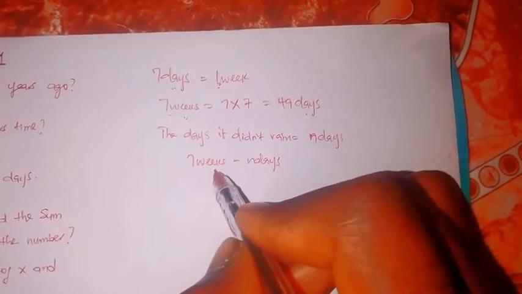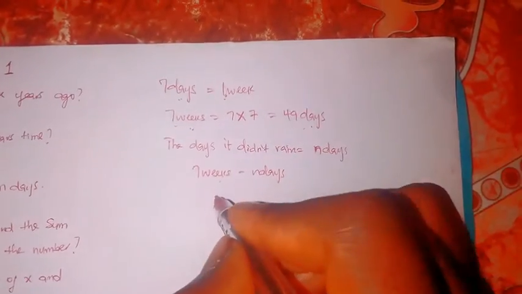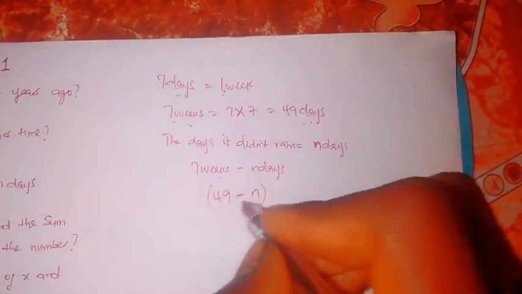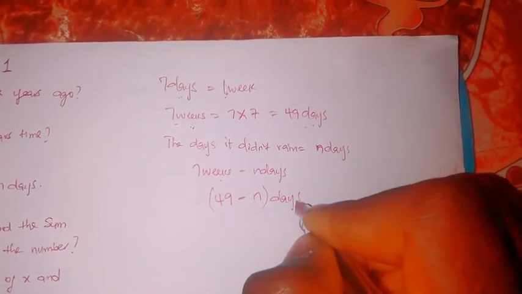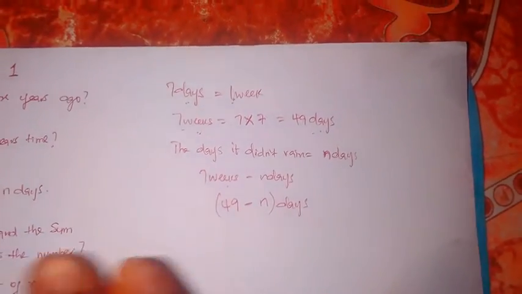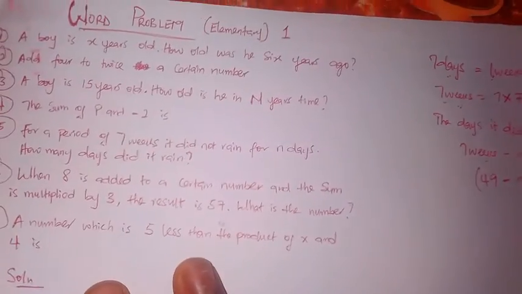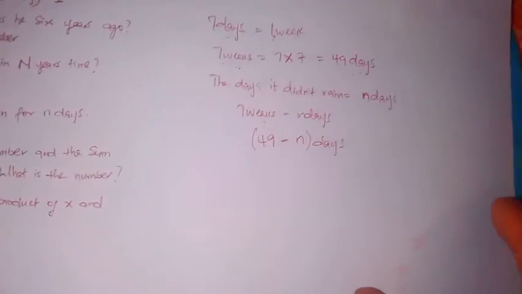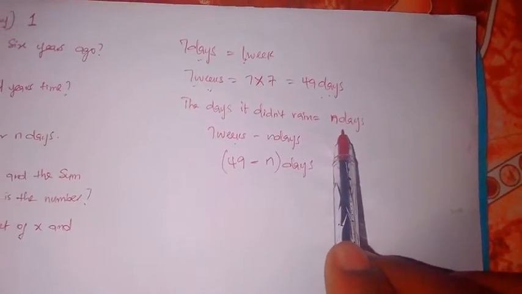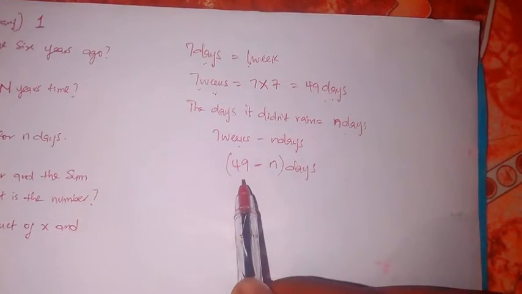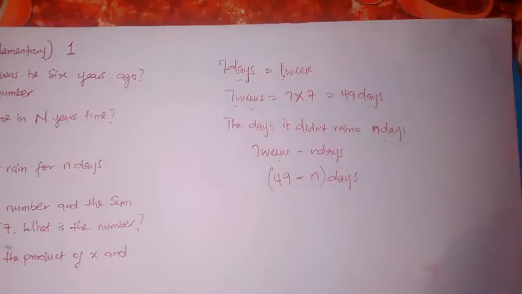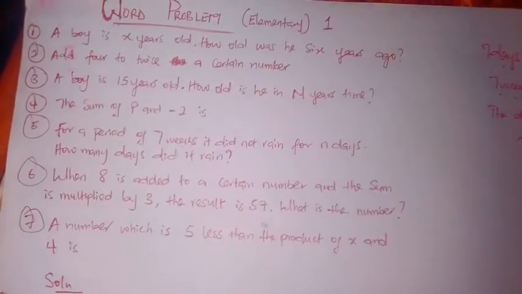Since we've converted our 7 weeks to 49 days, I'm going to have the expression as 49 minus n, all in days. Now, how many days did it rain gives us the expression 49 minus n, because n represents the number of days it did not rain. So to get the number of days it rained, that becomes this.